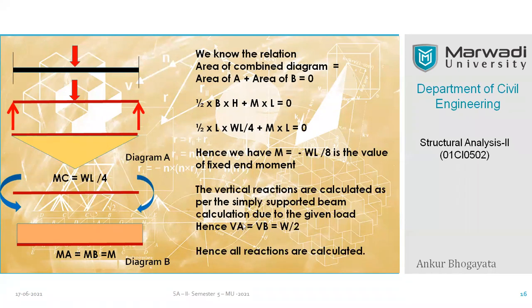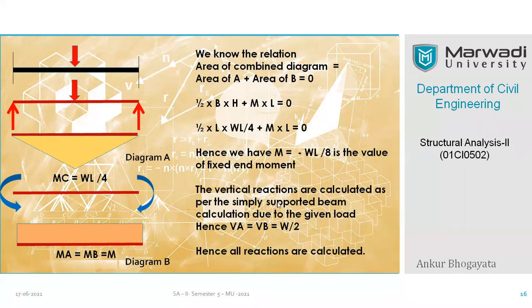You can calculate the vertical reaction at both ends by means of simply supported beam concept. So it is just as good as shear force at both ends in case of earlier calculations. Like you can simply say, if it is W, then the shear force will be W by 2, W by 2, right? So hence all the reactions are calculated.